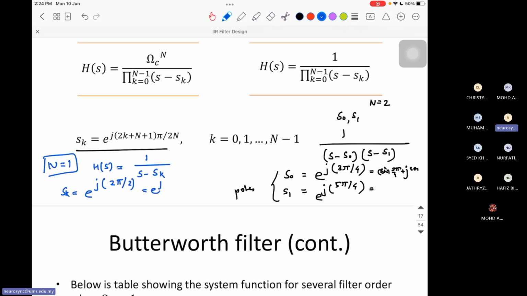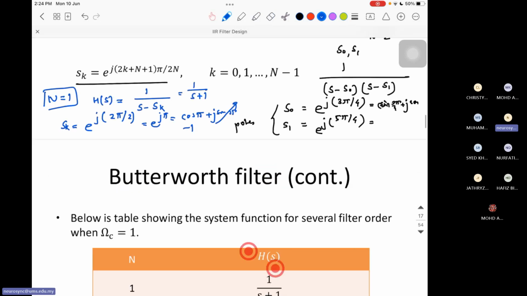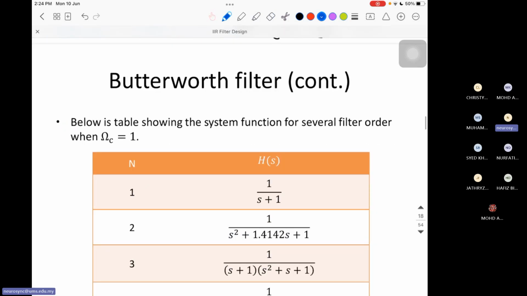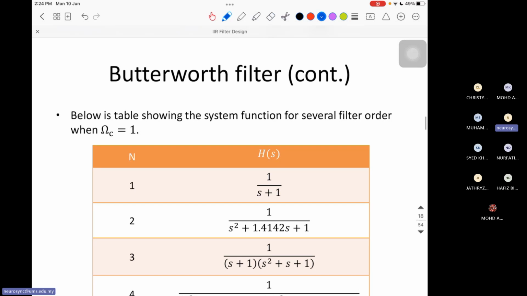E to the power j pi. That is cos pi plus j sin pi. Sin pi is 0, cos pi is minus 1. So what will you get here? You will get 1 divided by s plus 1. Correct? So the transfer function for n equal to 1, you will get 1 divided by s plus 1.